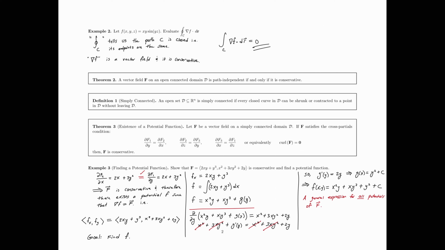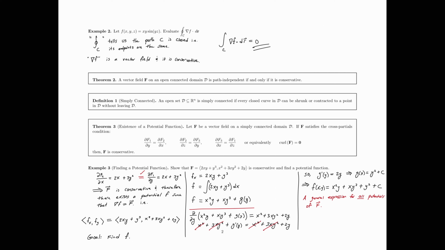What you'll notice in how a lot of these problems are phrased and how you see us, the instructors, do examples, these problems are all phrased by finding a potential function. So this problem, in a very specific sense and technical sense, is not asking for a general expression for all possible potential functions. We just want to know what's one of them.